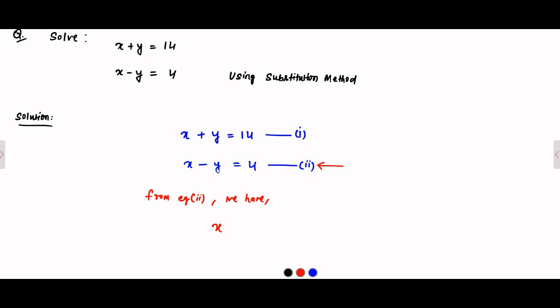If we take this minus y to the RHS side, it becomes x is equal to y plus 4. Okay, we have represented x in terms of y from equation 2. So we will name it equation number 3, which we have got from equation 2, expressing x in terms of y.